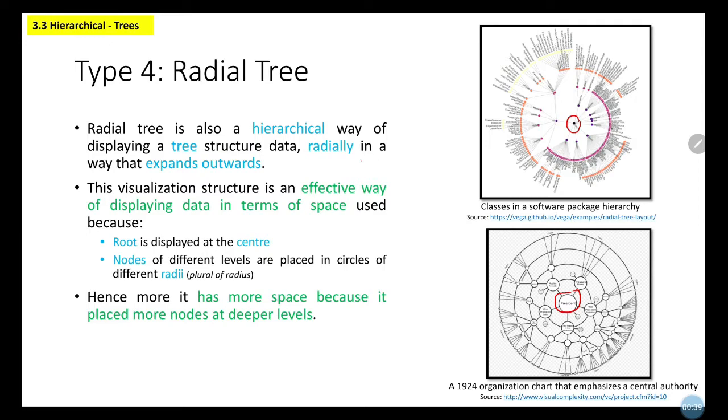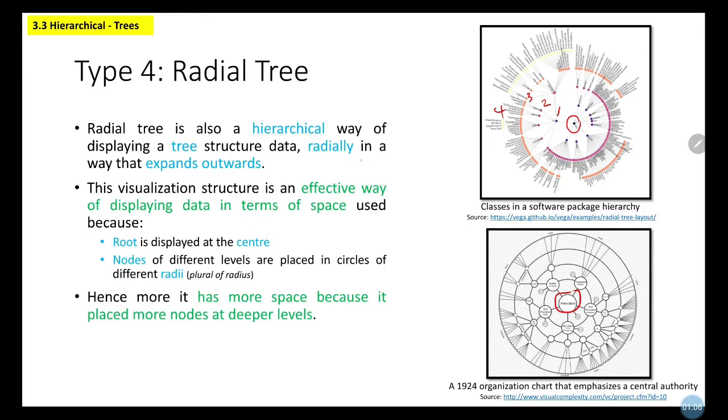And the nodes of different levels, for example, in this one we have the first level, second level, third level, and fourth level. So the nodes of different levels are placed in circles of different radii. Radii is the plural word of radius.